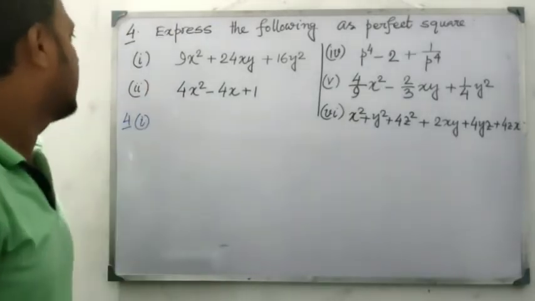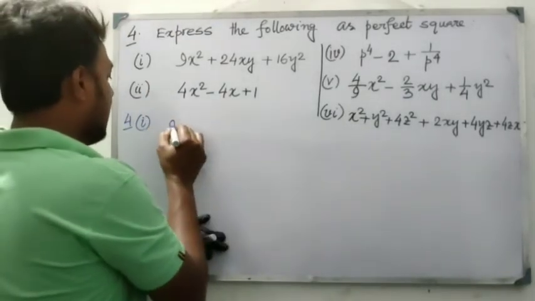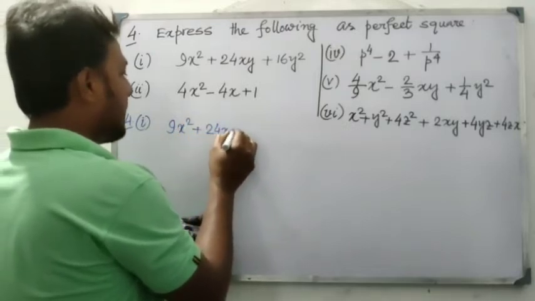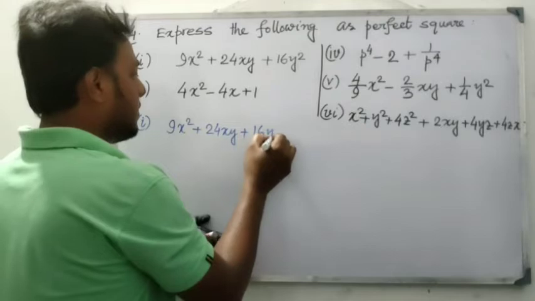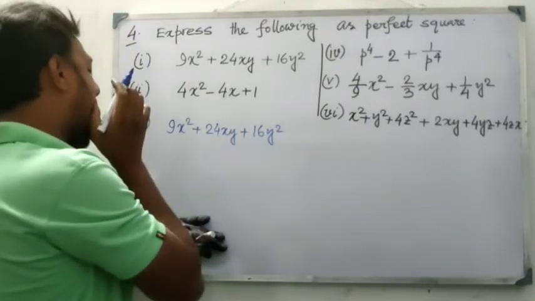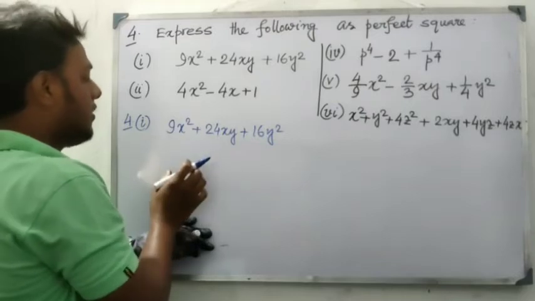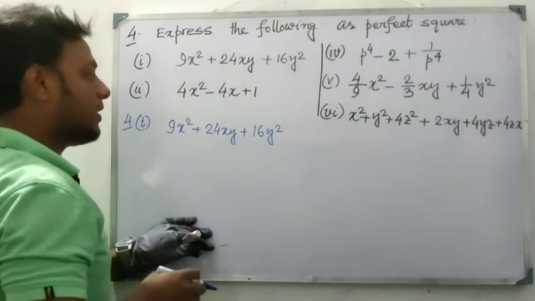Okay, the first one is given: 9x square plus 24xy plus 16y square. So we have to try to make it into the form a square plus 2ab plus b square.